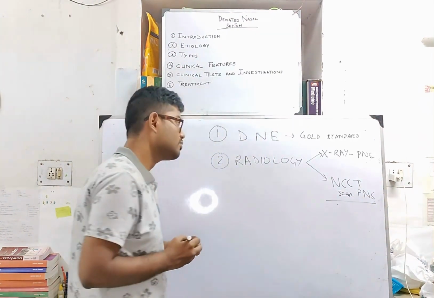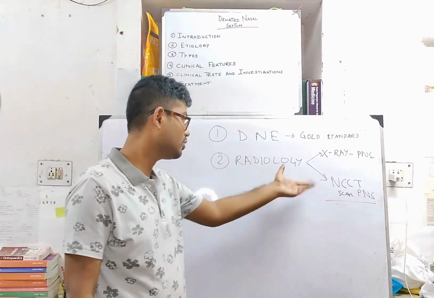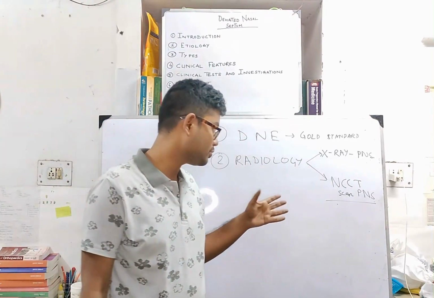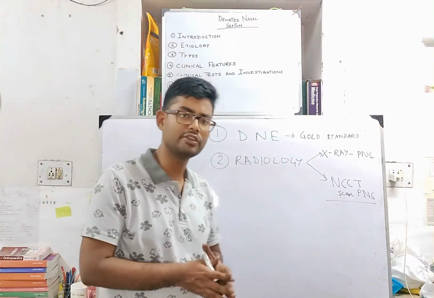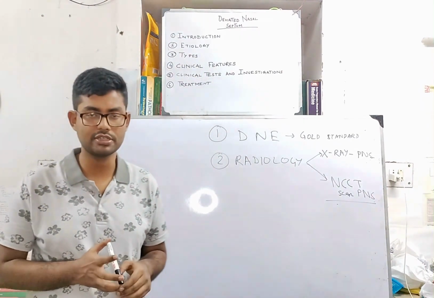Now these are not always required. If we have endoscopy, we may not need to perform the radiological investigations. So these are the investigations that you need to perform to diagnose a case of deviated nasal septum.